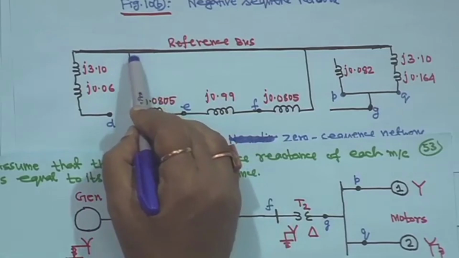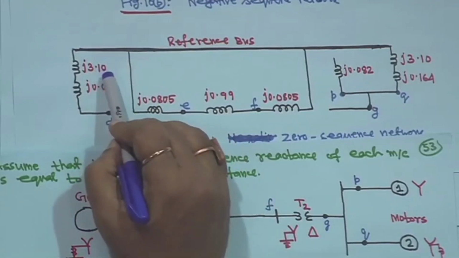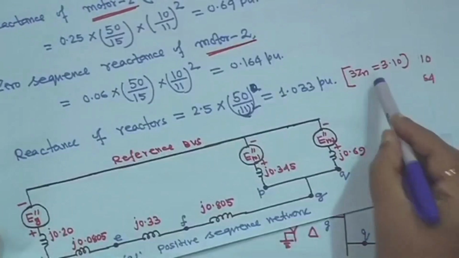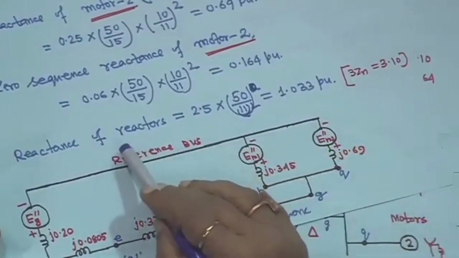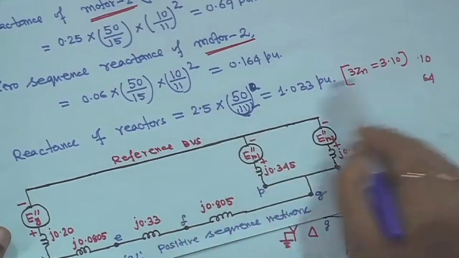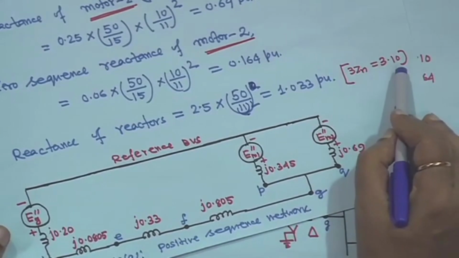The star is grounded, that means this is connected to the reference bus. This 3.10 is actually 3Zn, where Zn is the reactance of the reactor. So, this is 1.033 multiplied by 3, so it is 3.10.